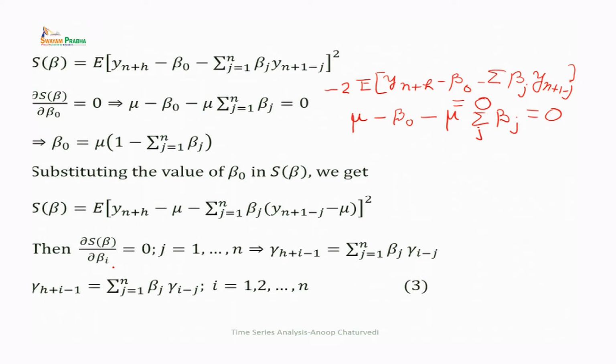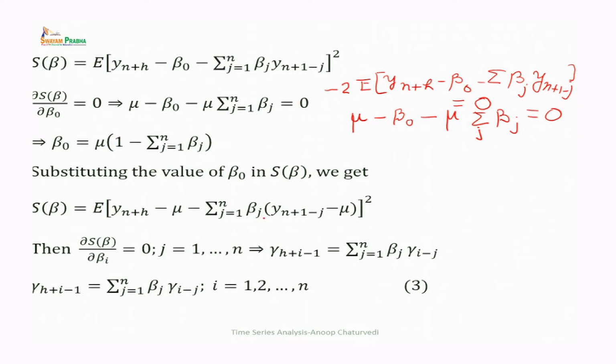And when we differentiate it with respect to beta i, then again you obtain a minus sign. You get from here minus 2 times expectation of (y n plus h minus mu minus summation j beta j (y n plus 1 minus j minus mu)).